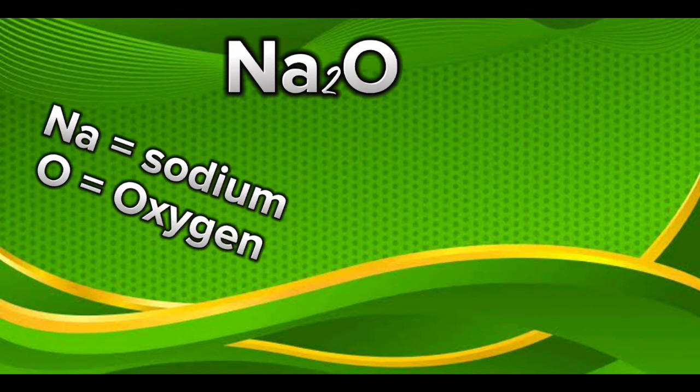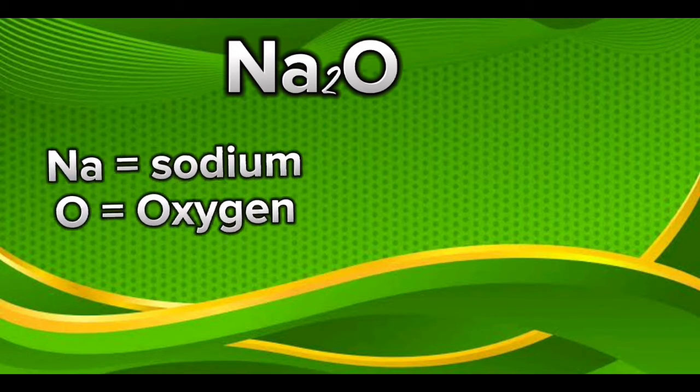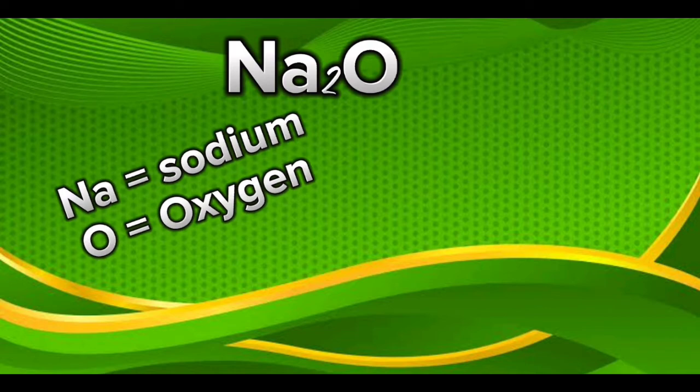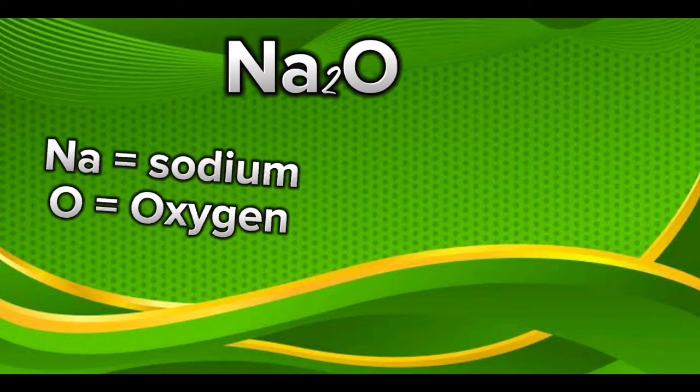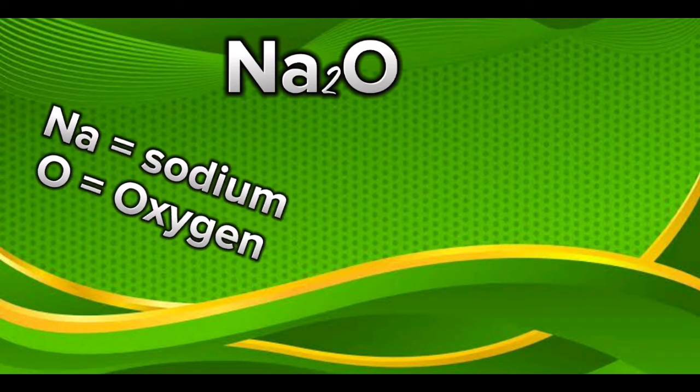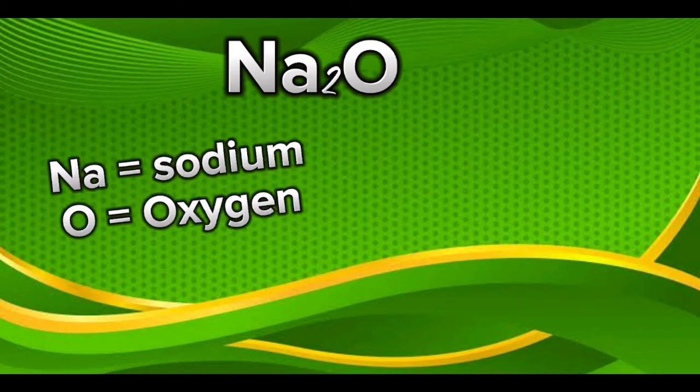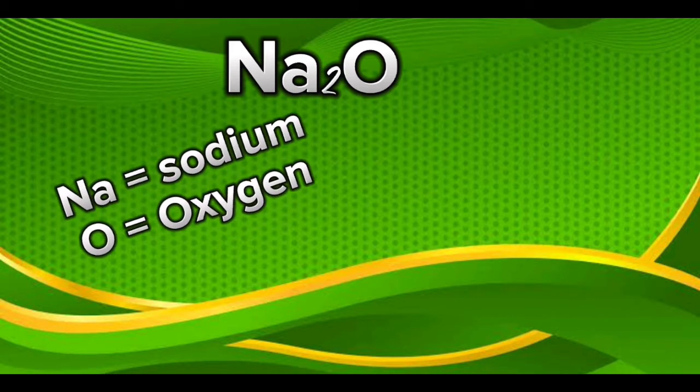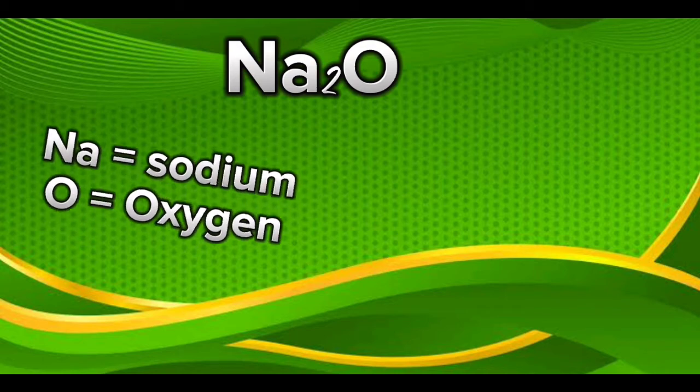Na2O. Now Na is sodium, O is oxygen. Now they are combined together. I said our principal focus is going to be on the last element, and the last element from this combination is oxygen, and oxygen from the IDE rule, because these elements are binary.